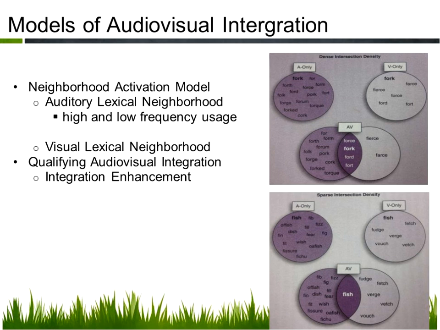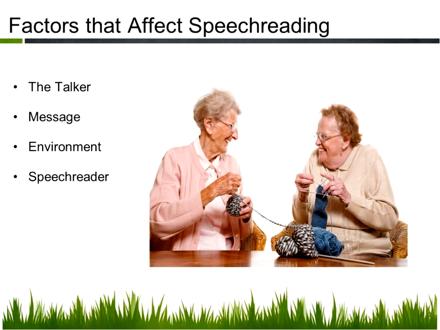And we can predict, there are a lot of statistical models that help us predict what's easier and what's not as easy. But for most of us, when we're working with clients, including these 2 geriatric ladies who are knitting together, it's the talker, the message, the environment, and the skills of the speech reader, who is our client.